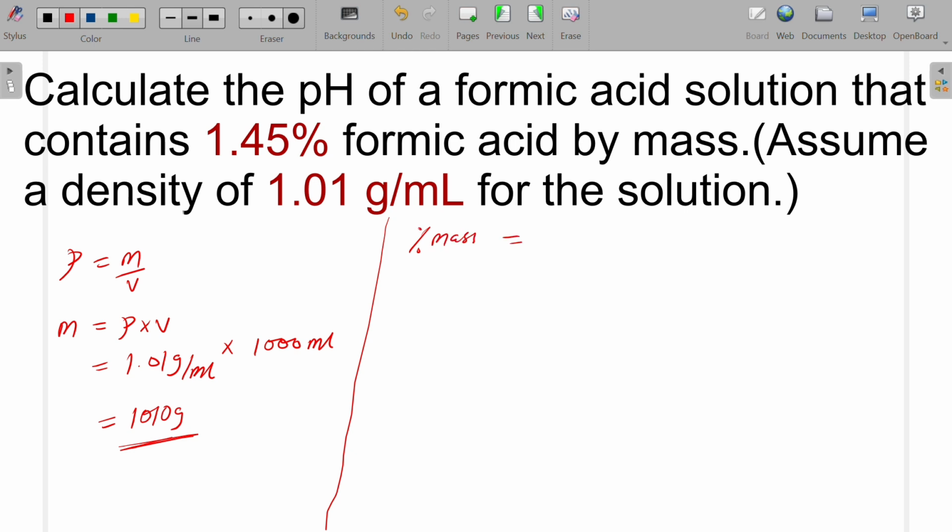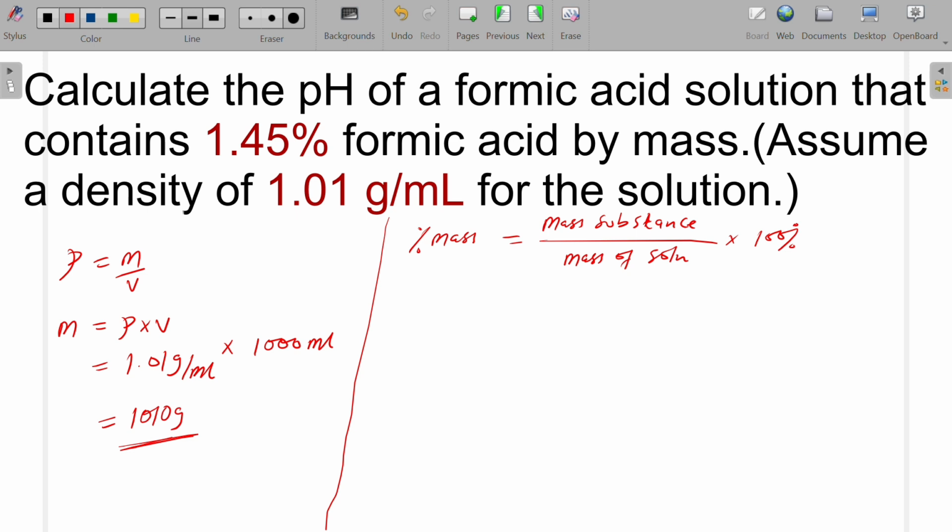Percentage by mass is equal to the mass of a specific substance in a compound divided by the mass of the whole compound, in this case the mass of solution, multiplied by 100%. This is a solution that comprises formic acid, and we are looking for the mass of this substance, which is formic acid.